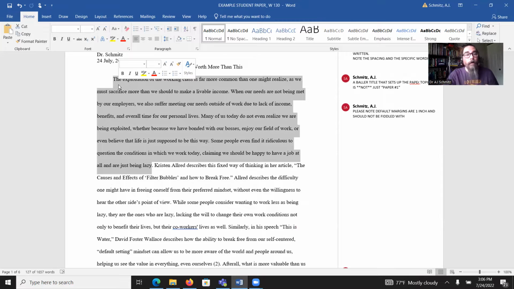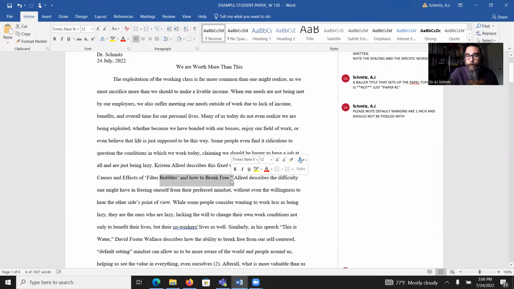And once that groundwork is set, then we introduce who's talking and from what are we pulling, right? Kristen Allred describes this fixed way of thinking in her article, The Causes and Effects of Filter Bubbles and How to Break Free. You haven't read that yet. You don't need to know what it is. But in the introduction, the author assumes that the reader knows what is going on, as far as this is how papers work.